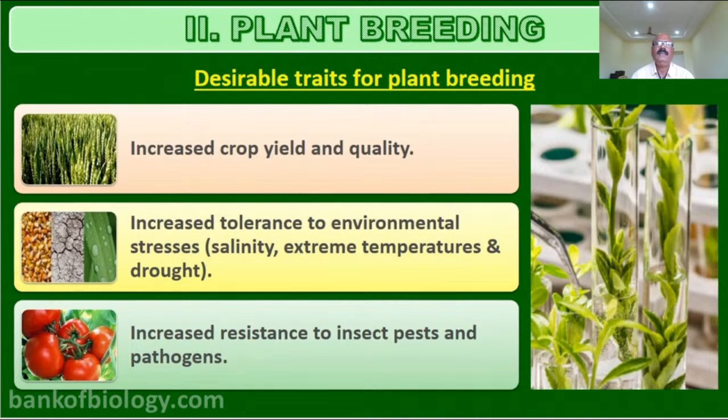Desirable traits for plant breeding: increased crop yield and quality, increased tolerance to environmental stresses, especially salinity, extreme temperature, and drought, and increased resistance to insect pests and pathogens.